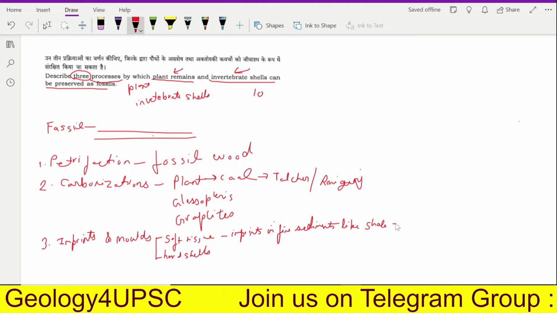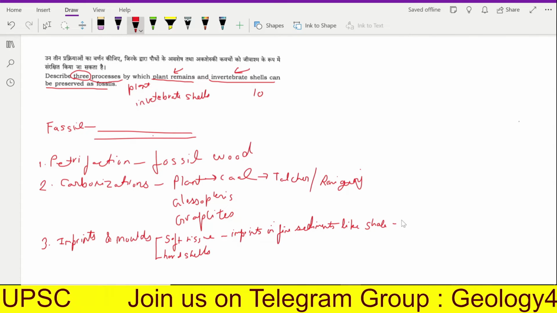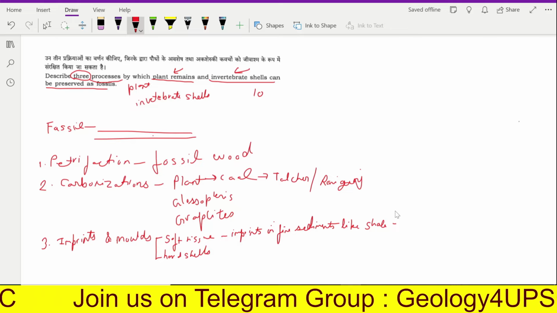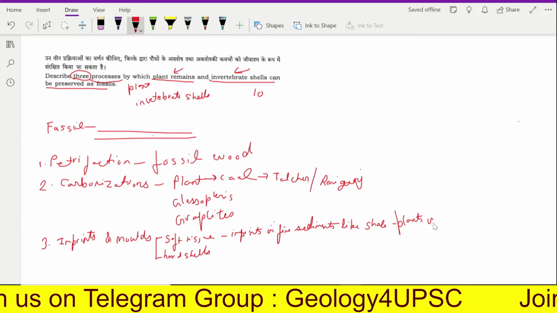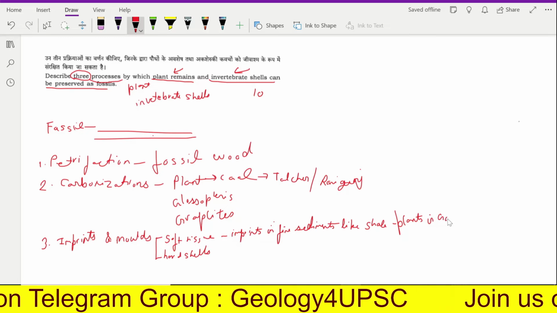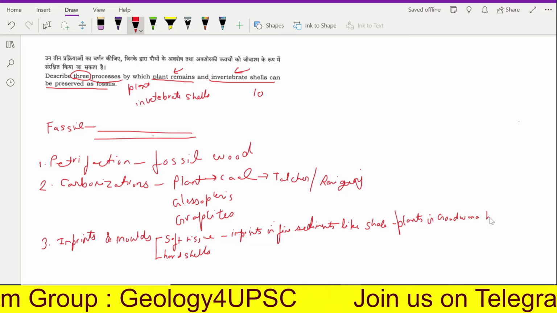You can write about plant imprints, which we get in Gondwana beds. Write about the Gondwana beds.